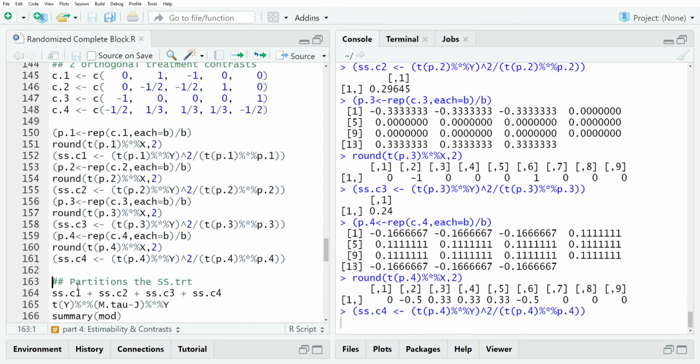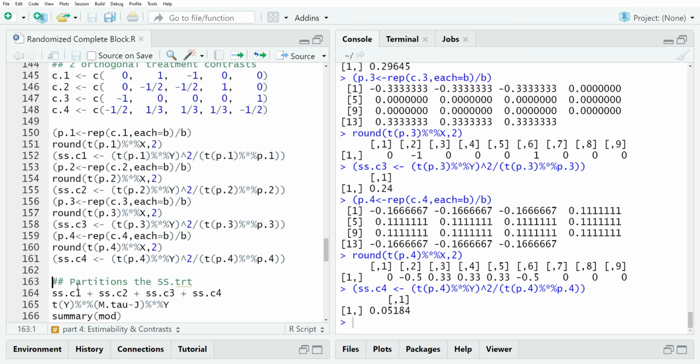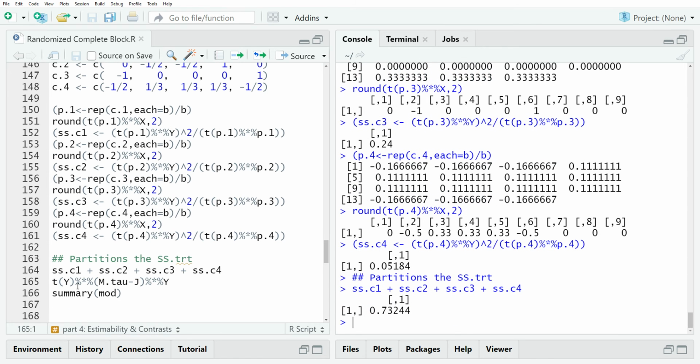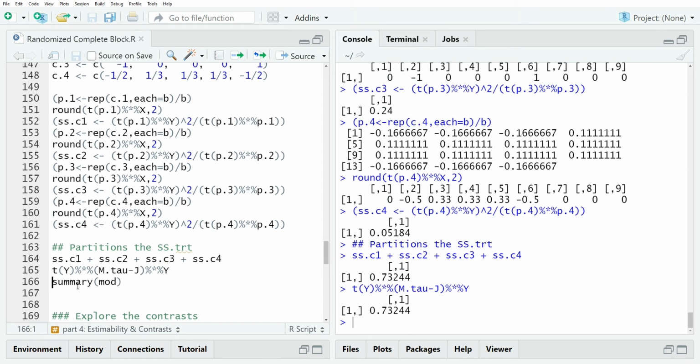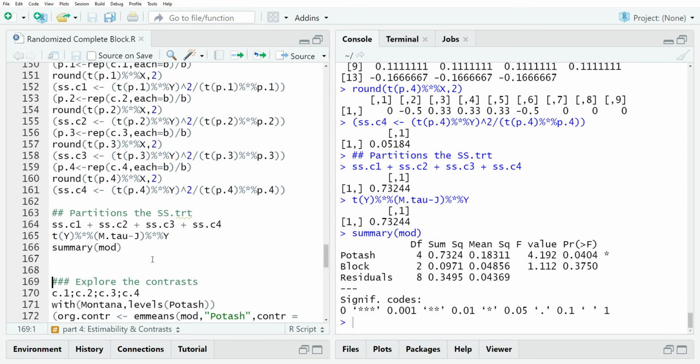P4, P5, and the sums of squares associated with it. Now, I do want to point out that these orthogonal contrasts partition the sum of squares treatment, and that's what I want to show here. So if we add those contrast sums of squares and look at the treatment sum of squares, they match, 0.73244, exactly. And if we print out the ANOVA table, that's the sum of squares treatment.